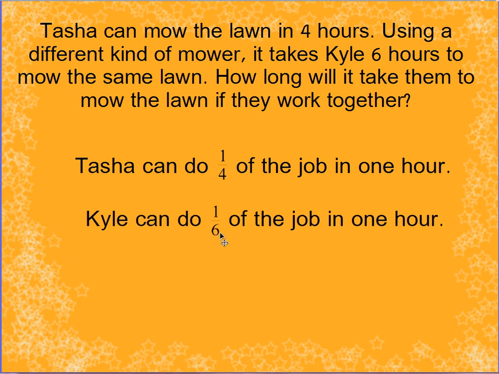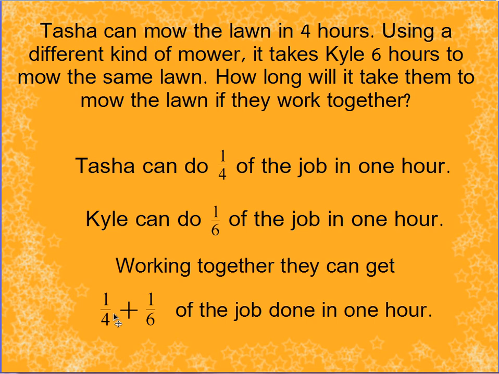These are called unit rates because they're how much can be done in only 1 unit, in this case, in only 1 hour. Well, working together, we can combine their rates. So they can get 1/4 plus 1/6 of the job done in only 1 hour.